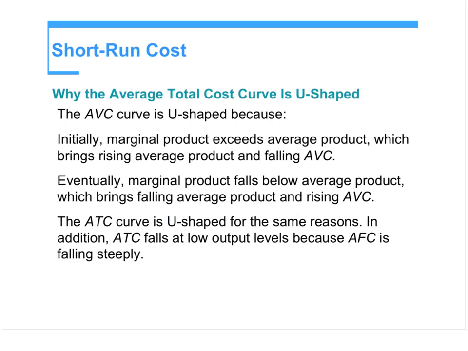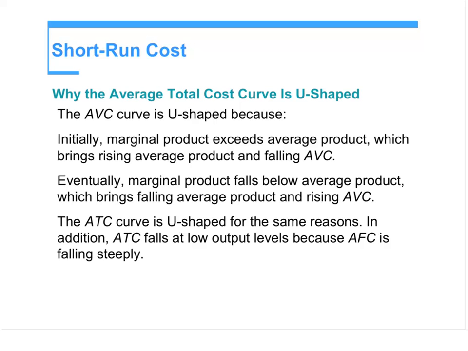So why is the average total cost curve U-shaped? The average variable cost curve is U-shaped because initially marginal product exceeds average product. So marginal product, increasing the production first, is more than the average product.